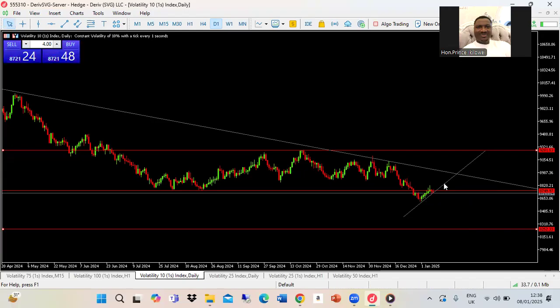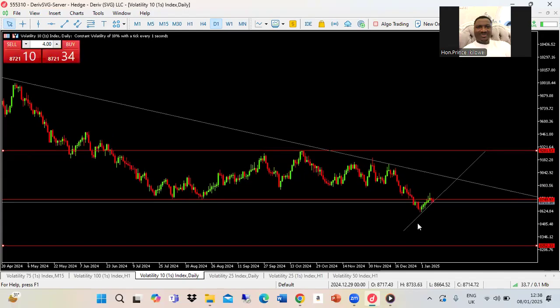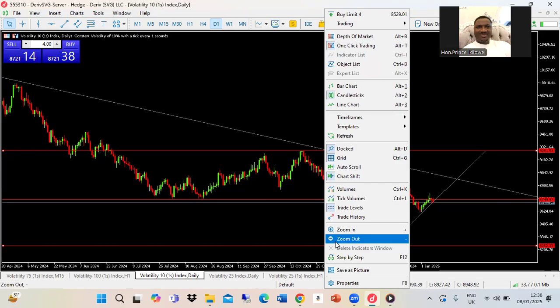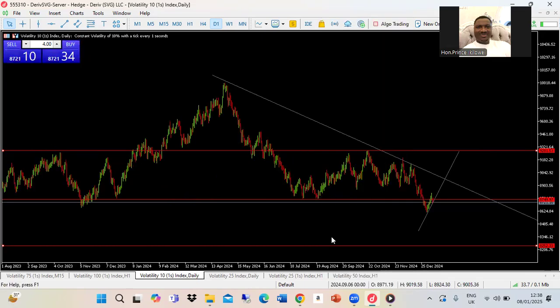If this market is going to continue to the downside, let's have this. Because of this strong buying for some days, market has been buying, buying, buying. So we are not sure if this market has turned to an uptrend. The only time I strongly believe this market will turn to an uptrend is when, let me look at this market very well.